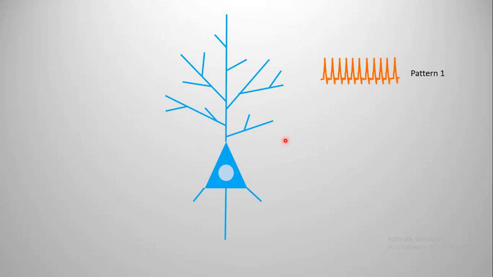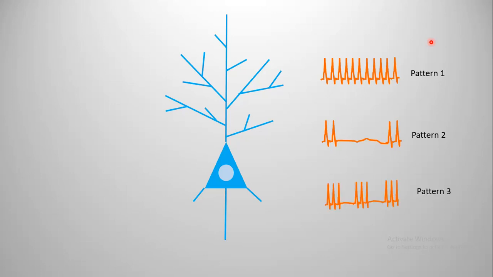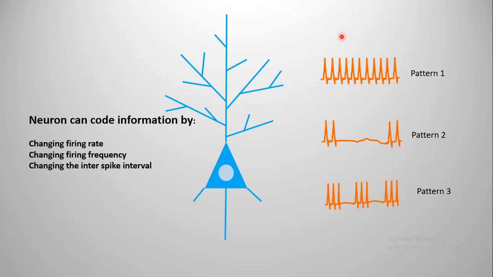For example, this neuron uses this kind of firing pattern. Maybe this kind of firing pattern could be for one kind of stimulus. Maybe it can use another firing pattern for another kind of stimulus, or for a different intensity of the same stimulus. Also, it can use a different bursting regime to encode information.